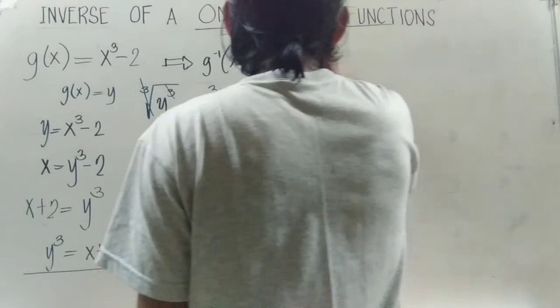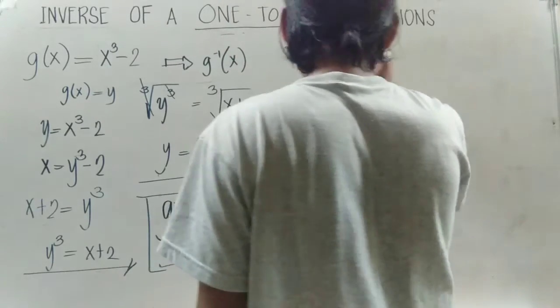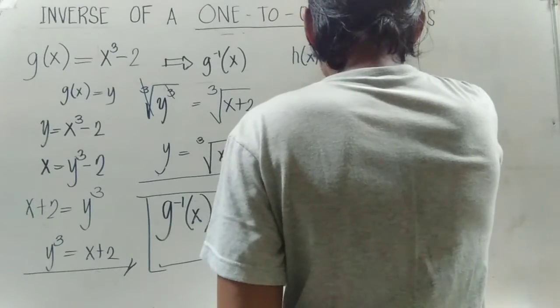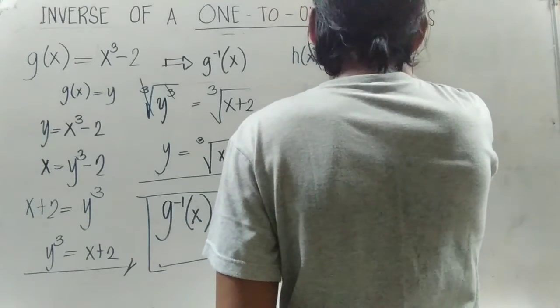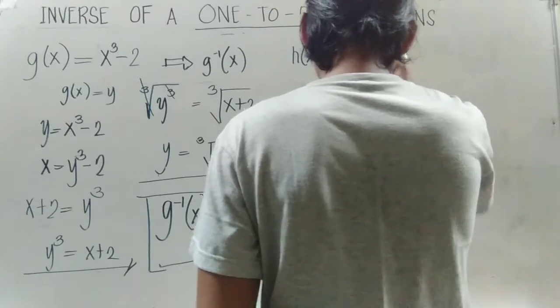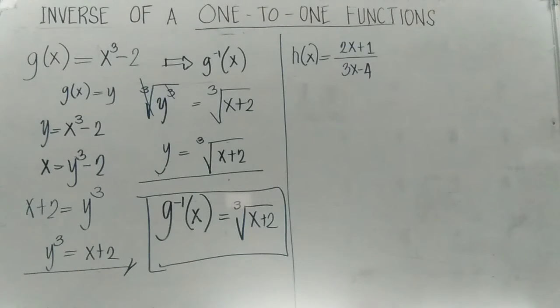Assuming you have h of x equals, let us put your example on another type of function. Okay, let's say we have your function h of x equals 2x plus 1 over 3x minus 4.